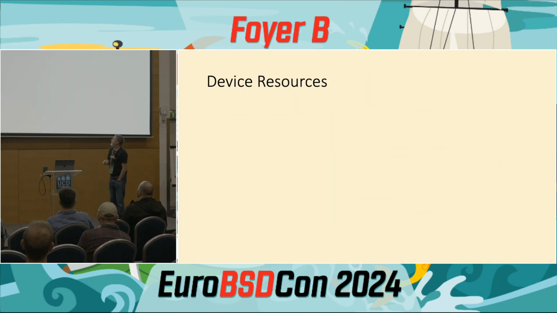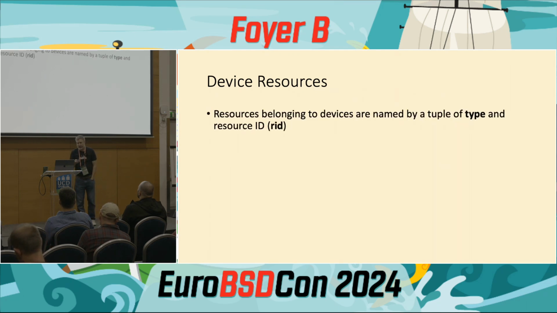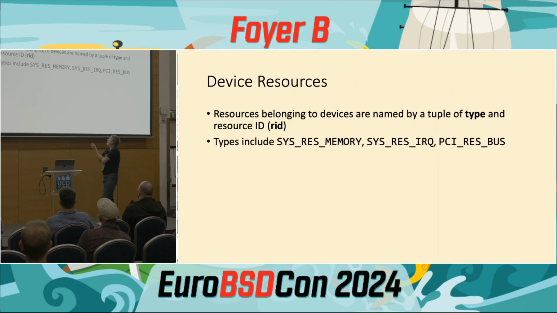So I want to shift next to talk about how we name or talk about device resources for given devices. In FreeBSD, the way we choose to name resources is by a tuple of a type and a resource ID, which commonly the variables we use all over the kernel are spelled RID. Types include things like SYS_RES_MEMORY, which is your physical memory address space, or SYS_RES_IRQ for interrupts.